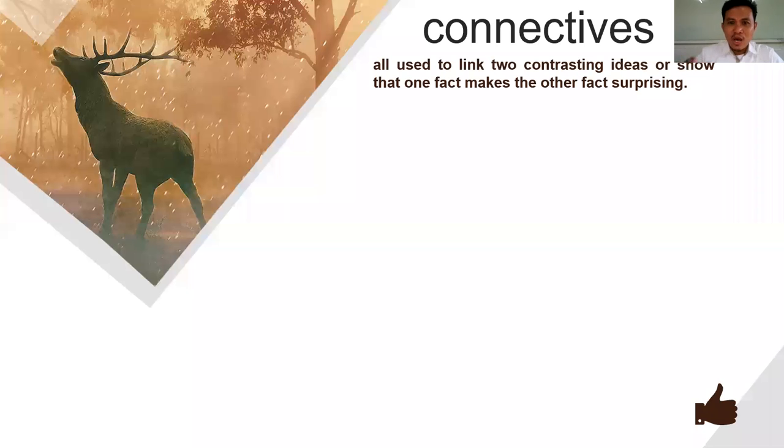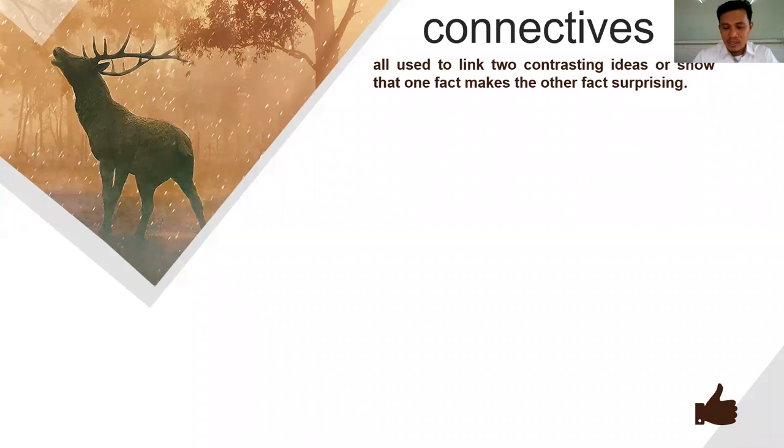When you study hard, you expect that you will pass the exam, but it may happen differently. The two ideas are contrasting. The result is not what you expect to happen. So that's called two contrasting ideas. Surprising means that it is not what's supposed to be, or the result is not what we expect to happen.